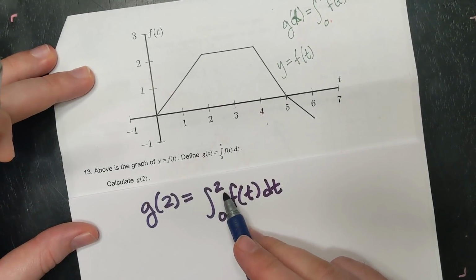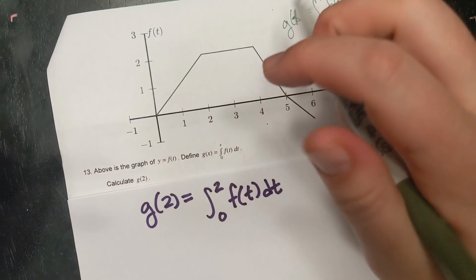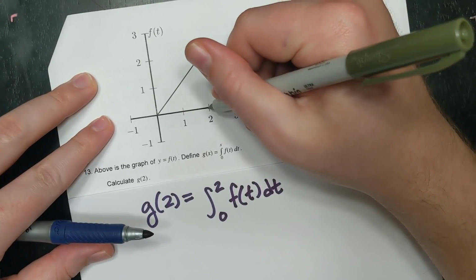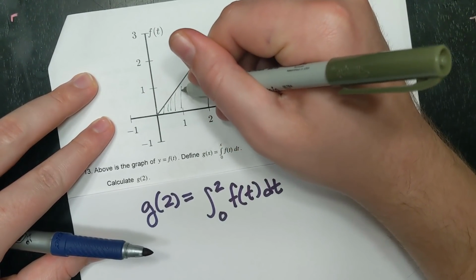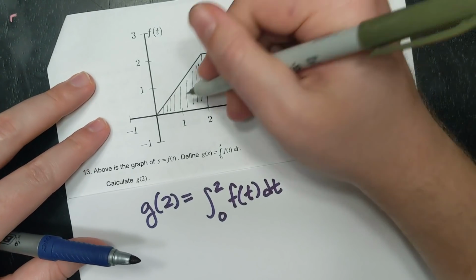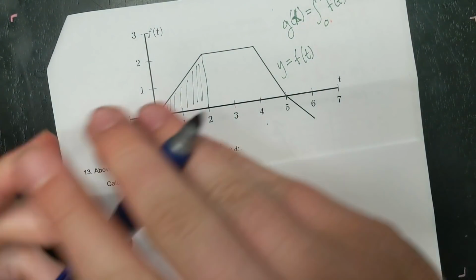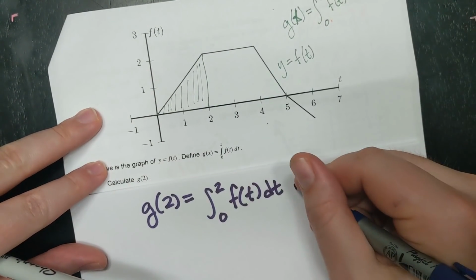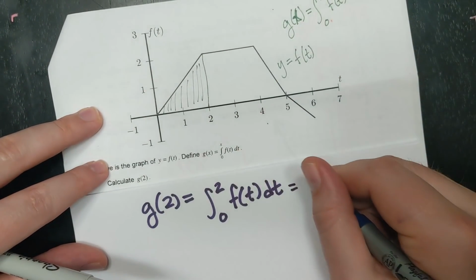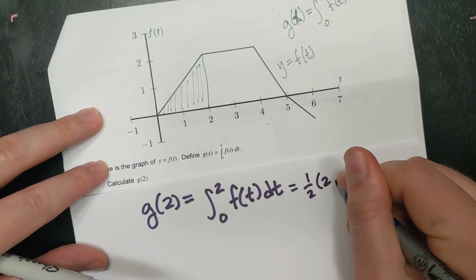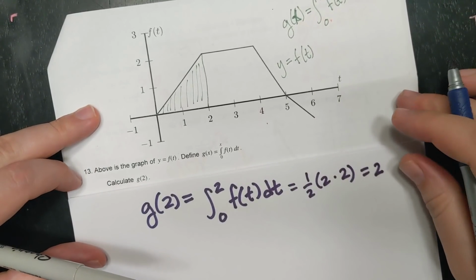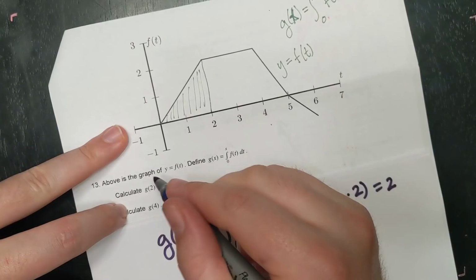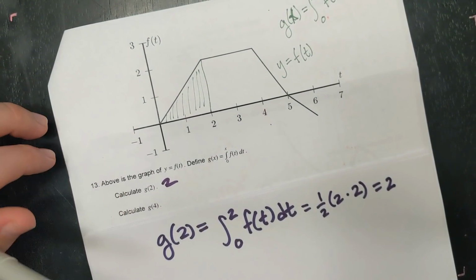And so what that's saying is it's going to be area under the curve from 0 to 2. And so it's this area right here. Notice that's just a triangle. It's a triangle with base 2 and height 2. So its area is 1/2 of 2 times 2, or 2. So g of 2 just comes out to be 2.